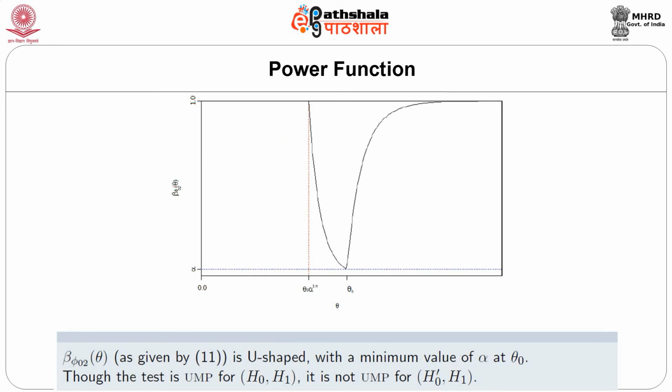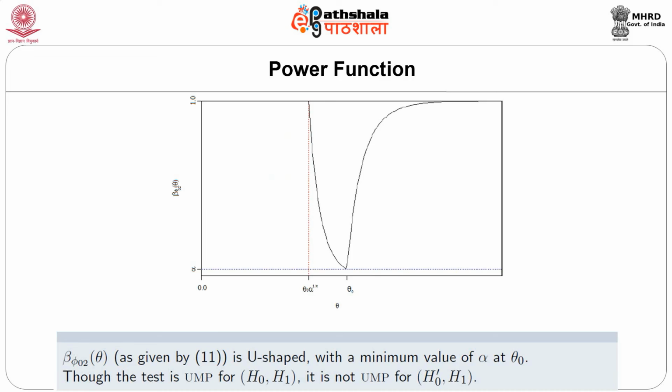So, this is U-shaped with a minimum value of alpha at theta naught. Though this test is uniformly most powerful for testing theta equal to theta naught versus theta greater than theta naught, it is not uniformly most powerful for testing theta less than or equal to theta naught against theta strictly greater than theta naught.